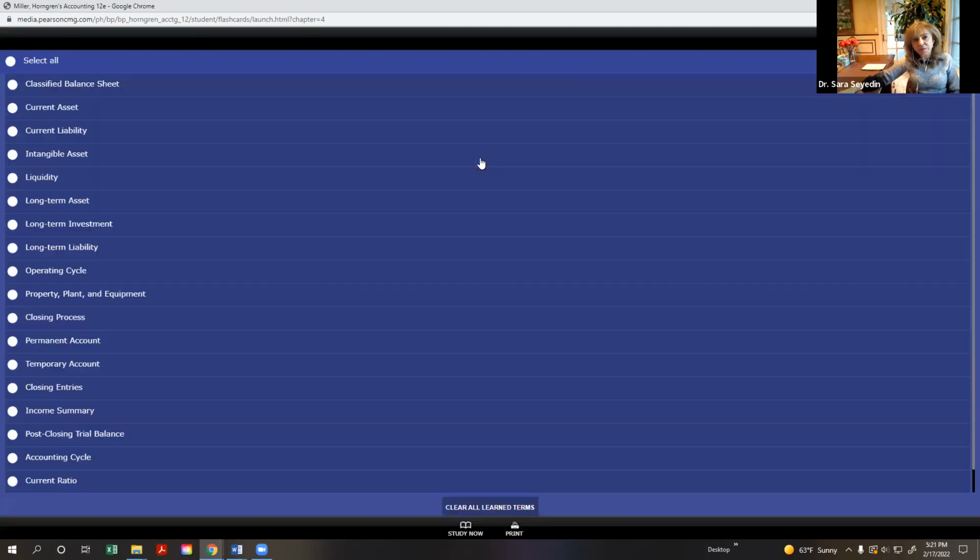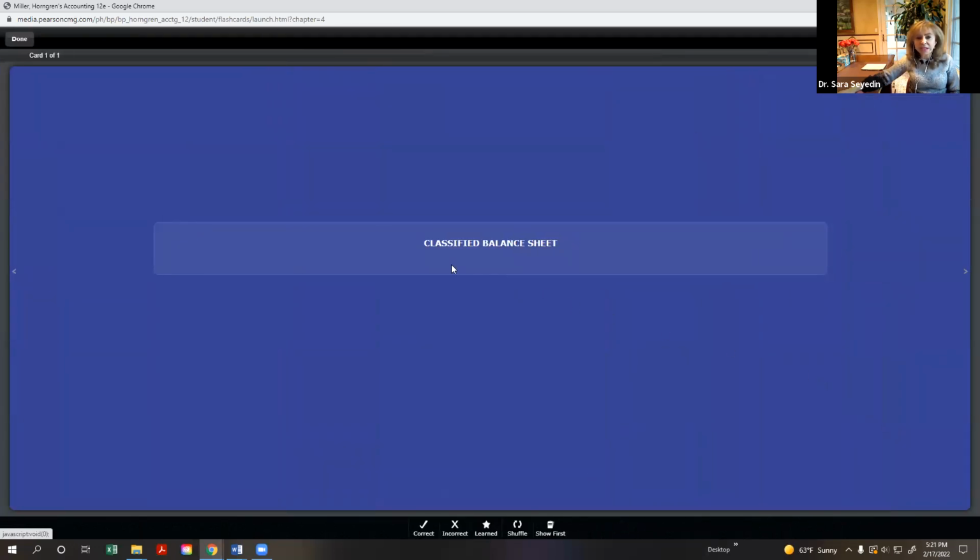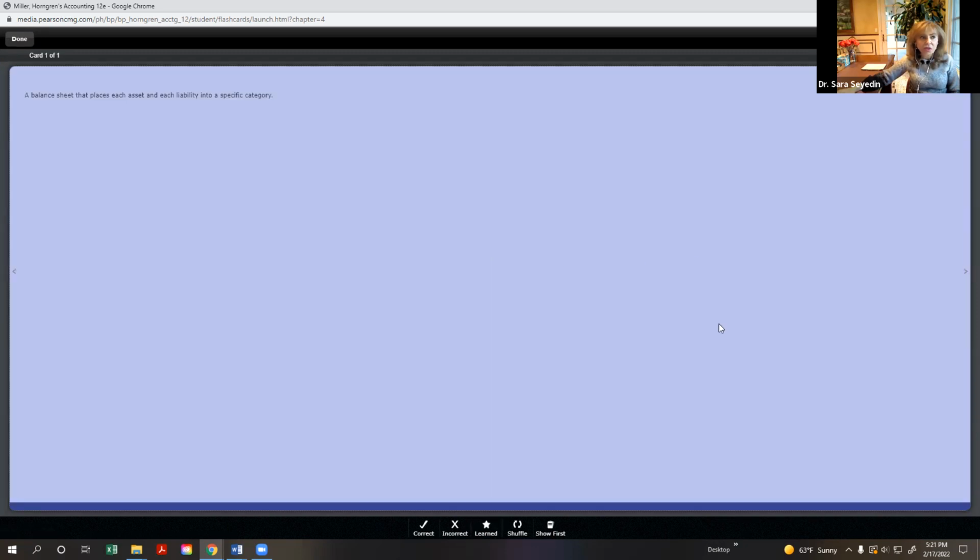So let's say that I want to find out about classified balance sheet and study now. It says classified balance sheet is, then I click on it. A balance sheet that places each asset and each liability into a specific category.